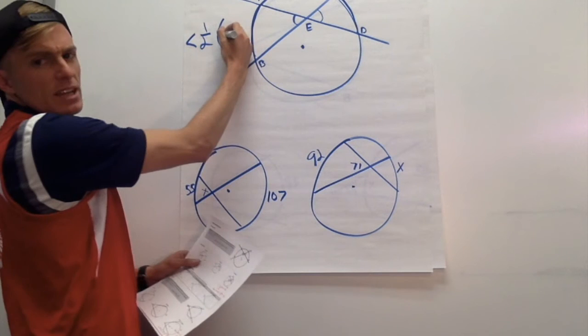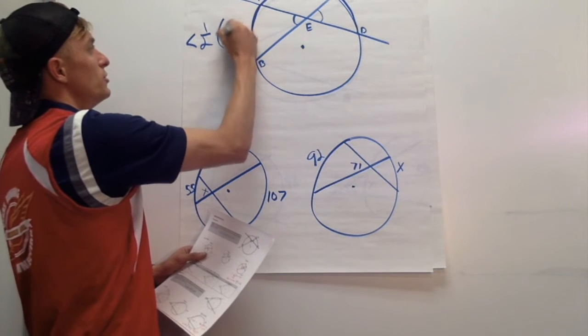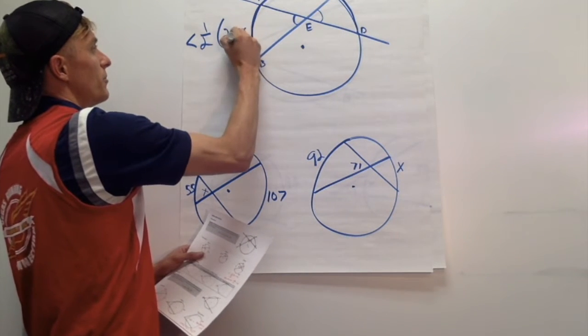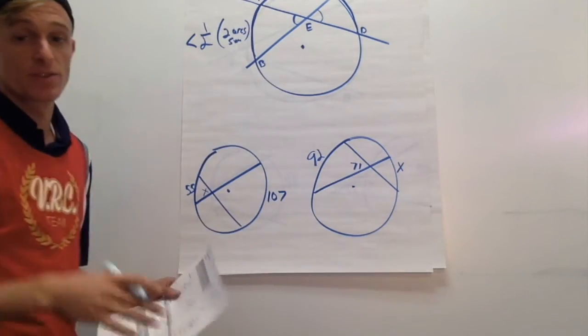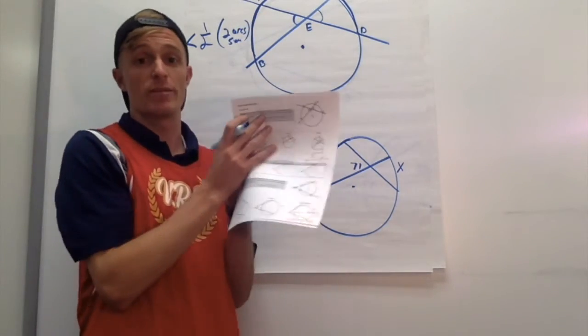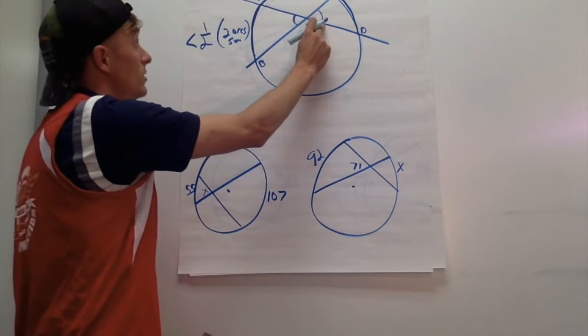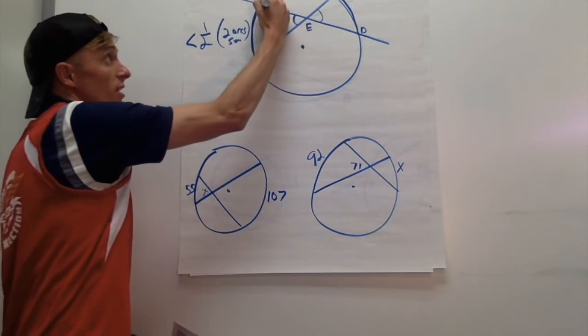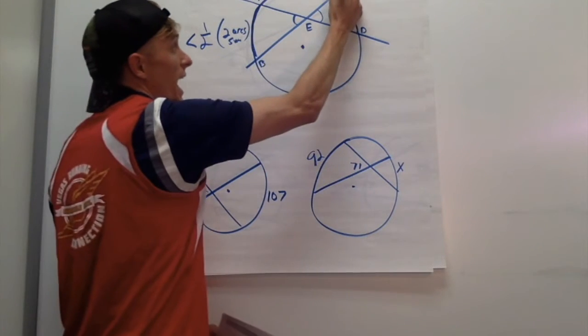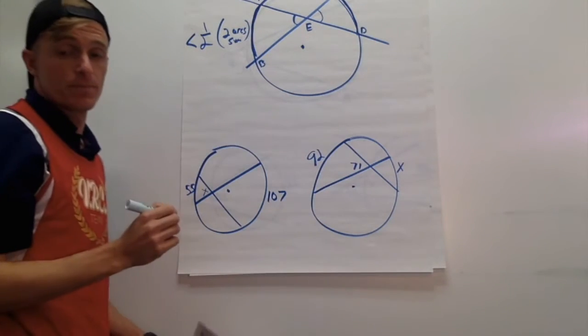Luckily you have it on your paper: these angles are equal to half the sum of this arc right here and this arc right there.